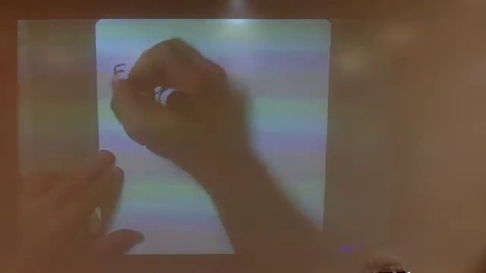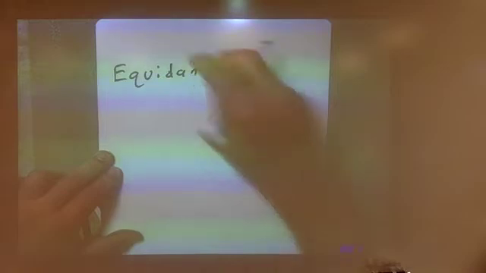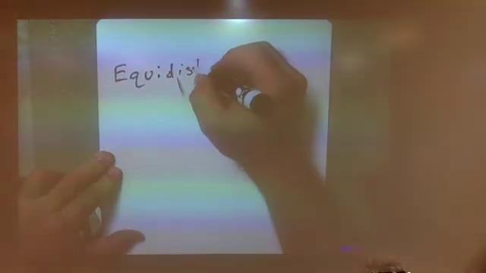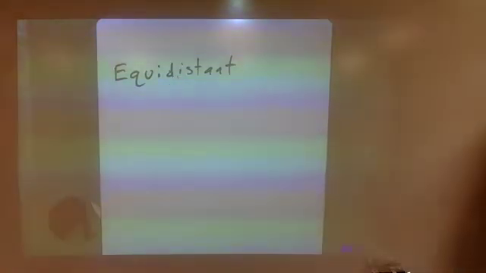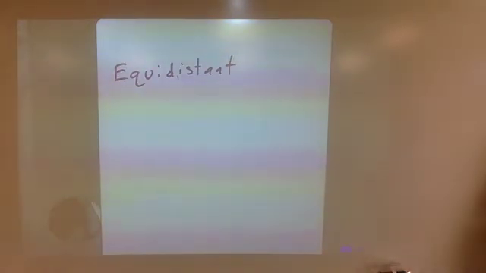So there's a big word in this definition, and it's called equidistant. Equidistant is kind of made up of two different words, equal and distance. So equidistant means the same distance.